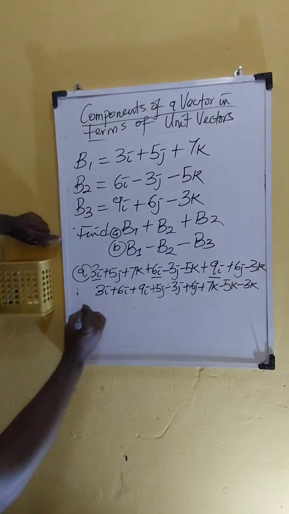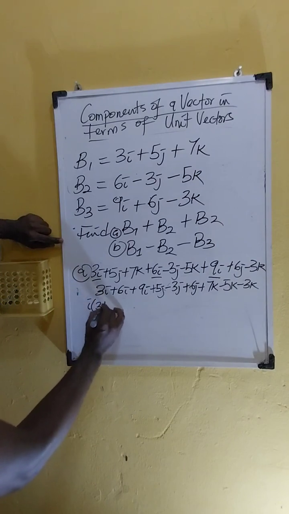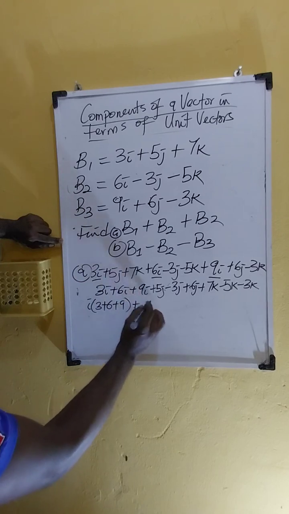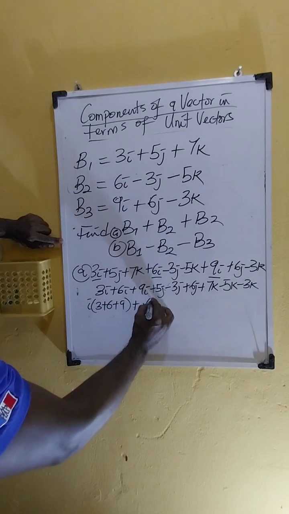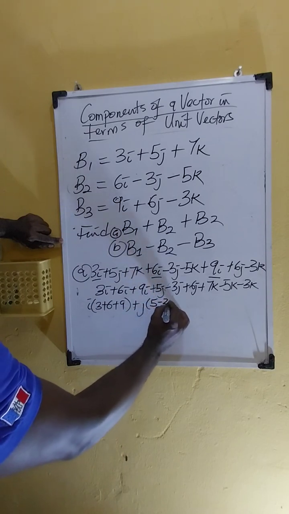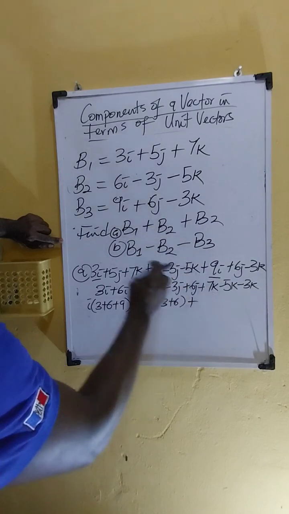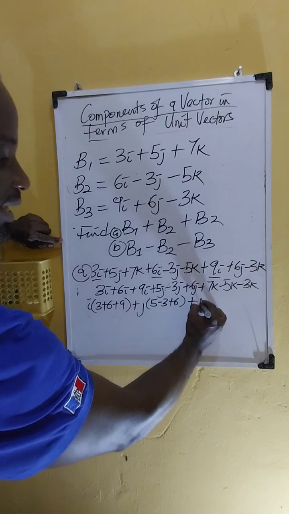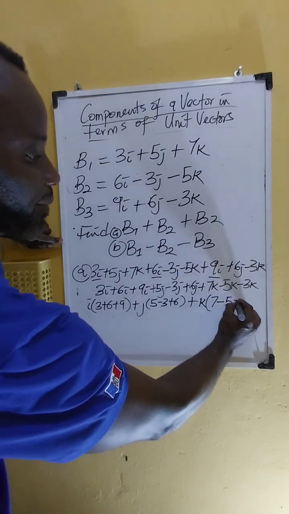So let's group them together. We bring the I out here. 3 plus 6 plus 9. We put the plus. We group this one out. J. We have 5 minus 3 plus 6. We're going to put the plus down because we are adding. Remember, we are adding. So then you bring the K out. You have 7 minus 5 minus 3.